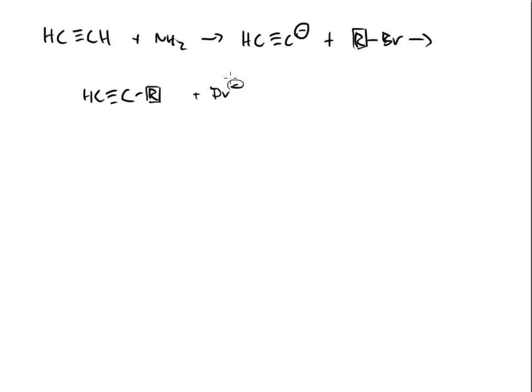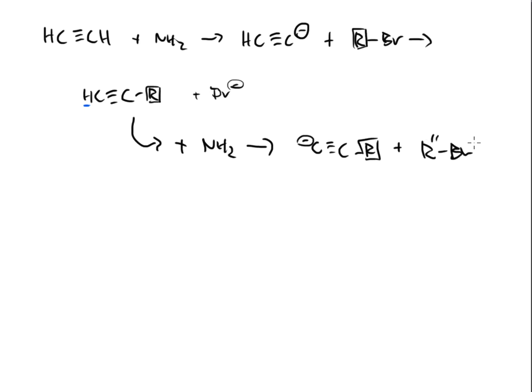But folks, we don't have to be finished at that point yet, because look, we've got another hydrogen on the left-hand side that can be ripped off again. The only thing that we have to do at this point is take this and add amide to it one more time. And now we can rip that other hydrogen off. So we'll get a carbon that's triple bonded to a carbon that had that new R group added on from the first step. And then we can go in and add on another group.